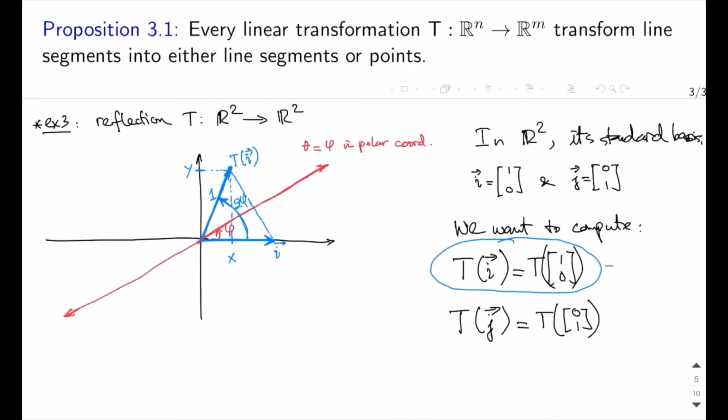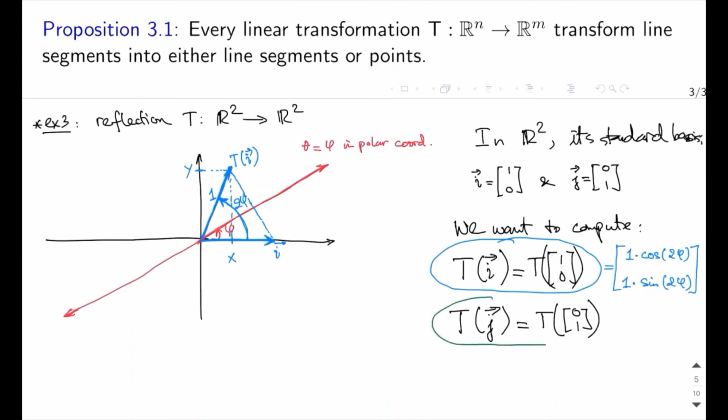And so the x coordinate is going to be equal to 1 times cosine of 2 phi, and the y coordinate is going to be 1 times sine of 2 phi. We get the first column.